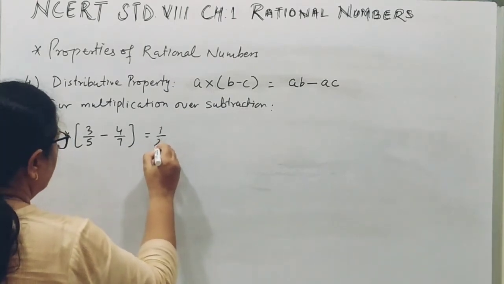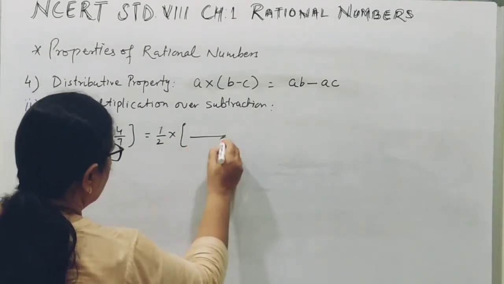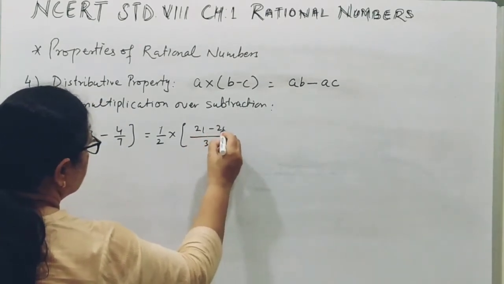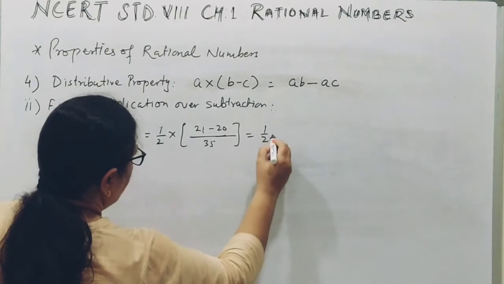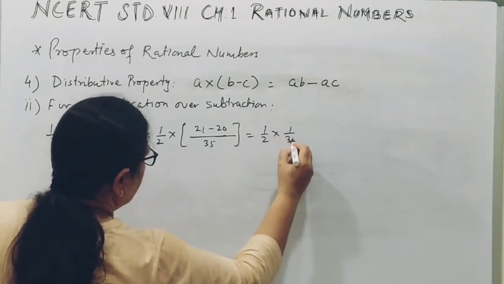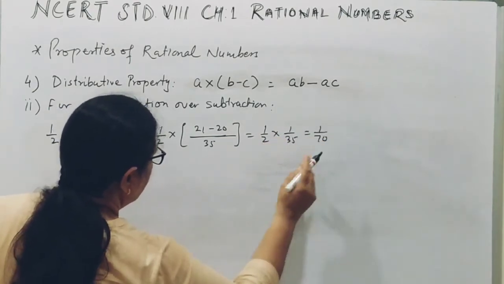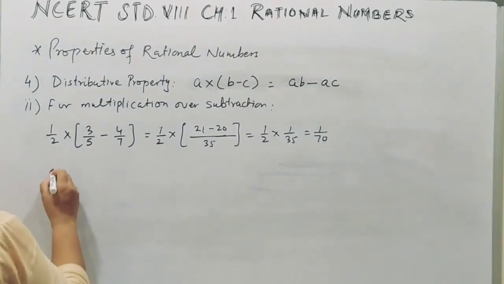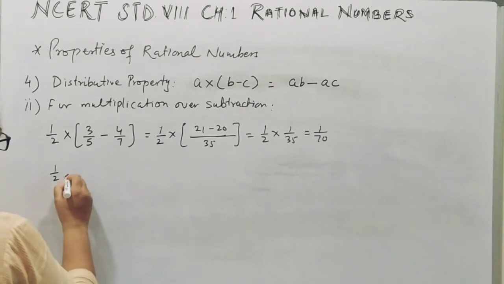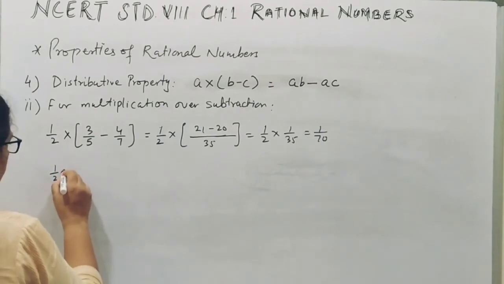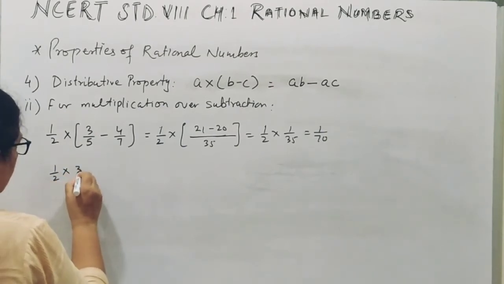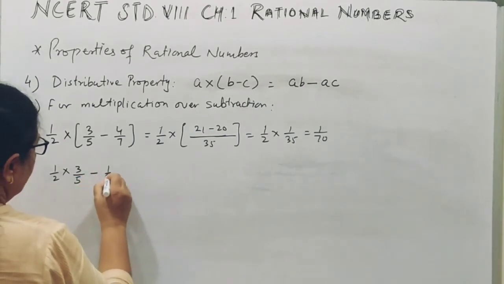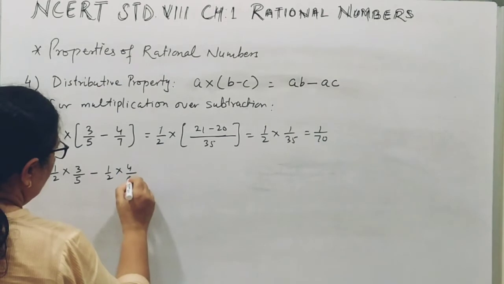So we get 1 upon 2 into 1 upon 35, that is 1 upon 70. Now we will simplify right hand side, that is AB minus AC. So here it is 1 upon 2 into 3 upon 5 minus 1 upon 2 into 4 upon 7.